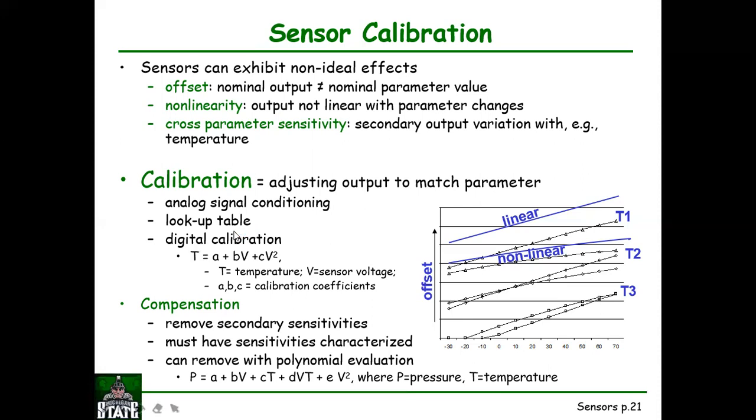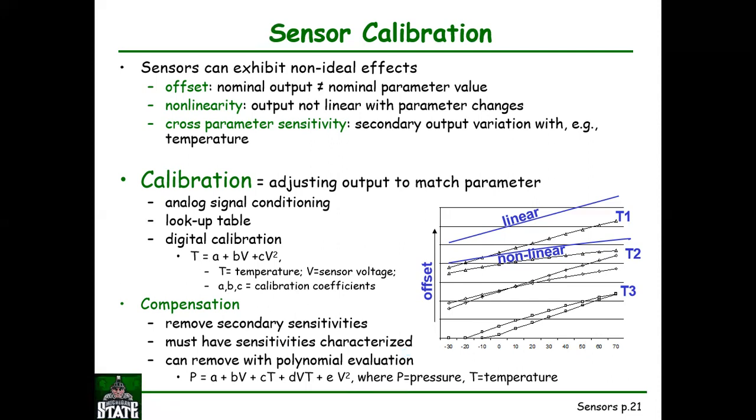Digital calibration. In digital calibration, you will have some formula, and by using that formula you get the corrected value. Same as compensation: if you are getting output variation due to some secondary sensitivity, you can remove that. For this, the sensor must have its sensitivity characterized.